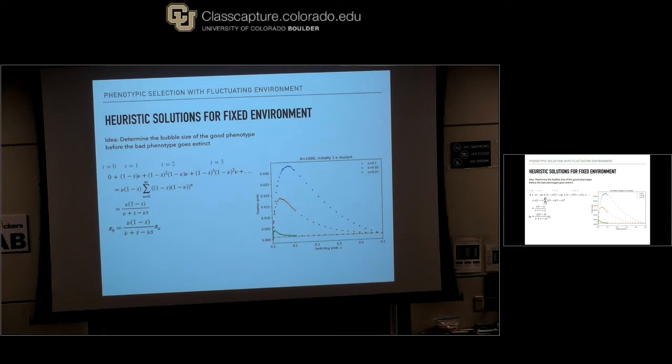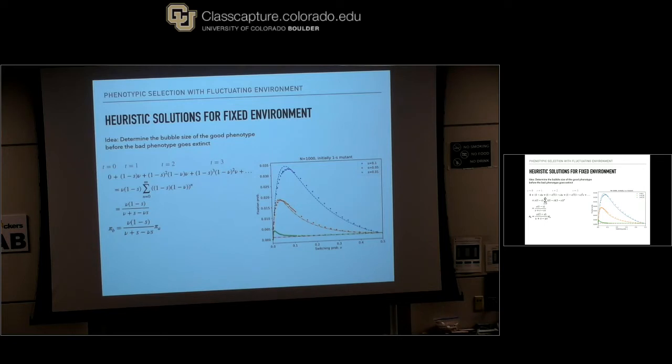For example, we approximate that in each generation only one switch can occur, which makes sense if nu is very small. Also the bad phenotype population is very small from the beginning, and will only constantly decrease. So from that we get this prefactor, which we then just multiply with our fixation probability for the good phenotype. And then we get these approximations, which seem to work quite well.